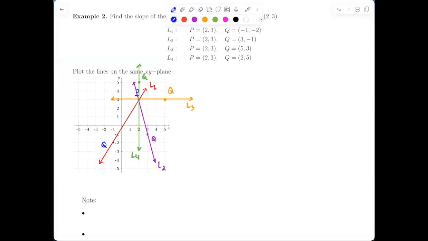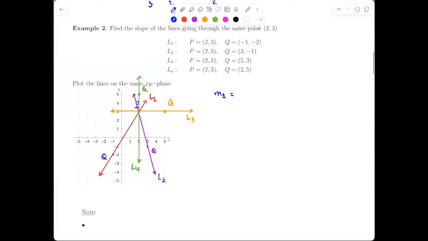All right, so for the first line, the slope, I call that M1, is equal to (-2 minus 3) over (-1 minus 2). So I have -5 over -3. Well, this is 5/3, greater than 0.